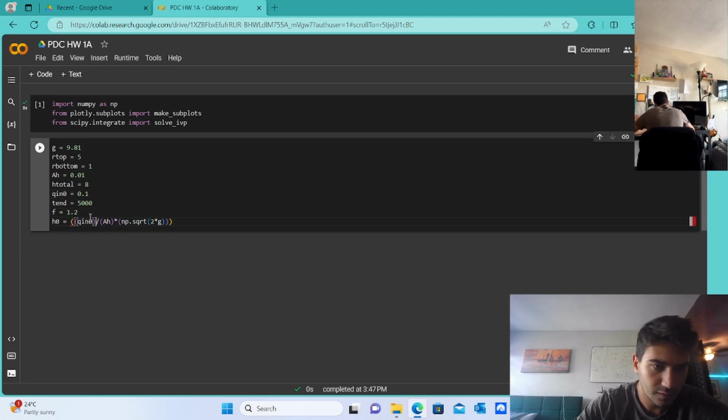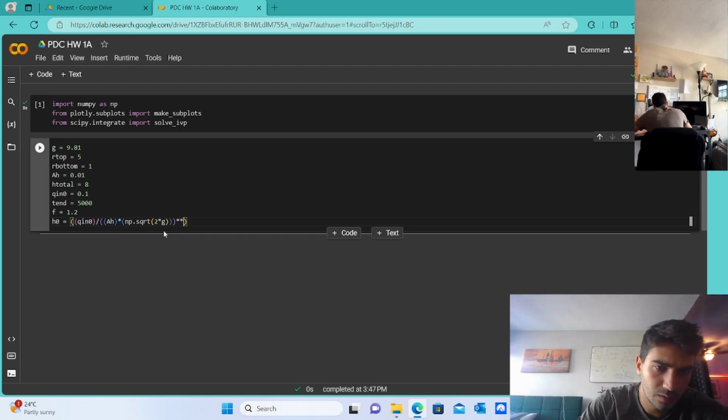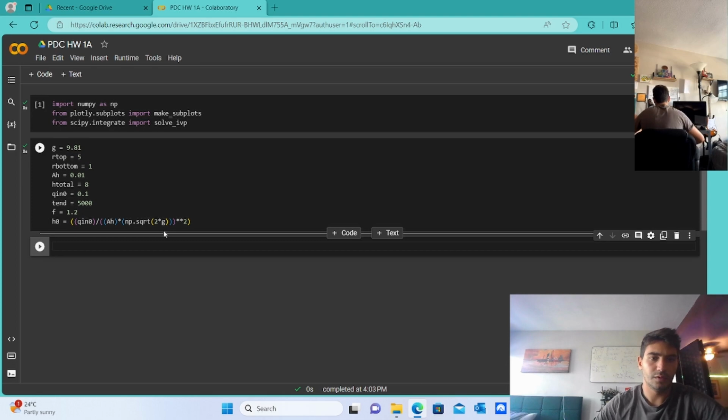Brackets in, make sure it's all good. So Qn naught divided by that whole thing, and that whole thing is squared. Okay, should be good with our H naught value.